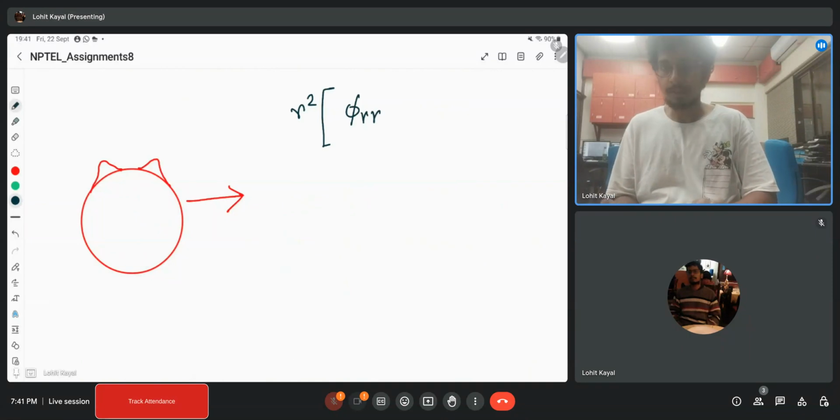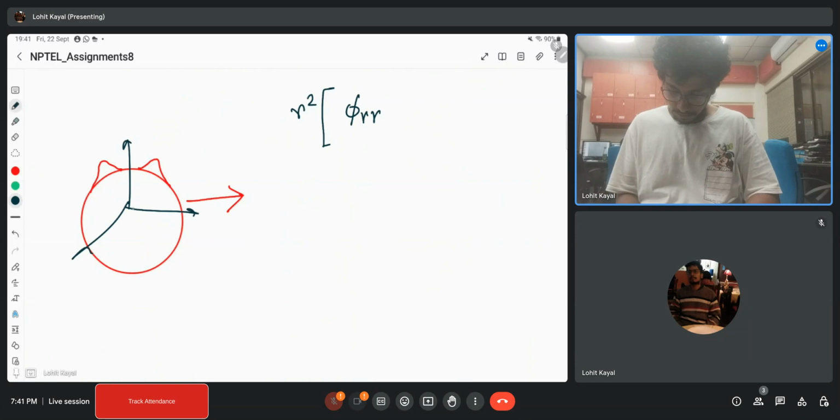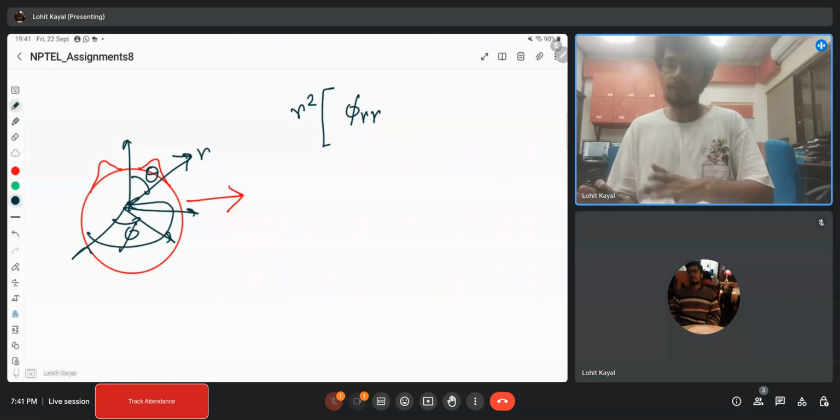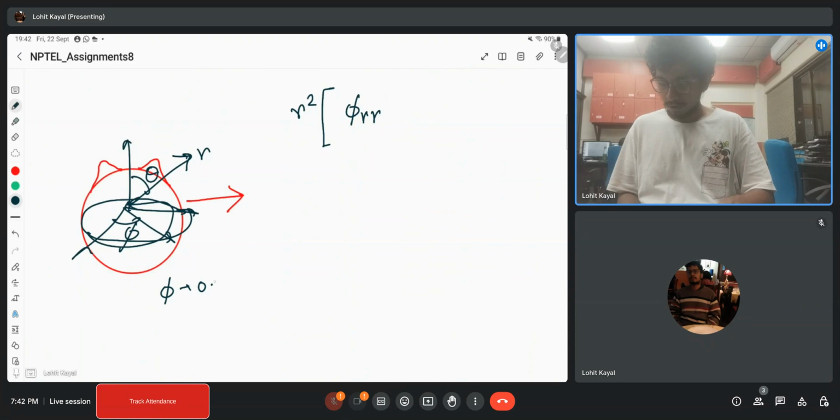It is axisymmetric. There are three coordinates: r, one angle theta, and one angle phi. There is no phi dependence in our case, so this is axisymmetric. Phi is around the circumference, varying from 0 to 2 pi, and theta is varying from 0 to pi.